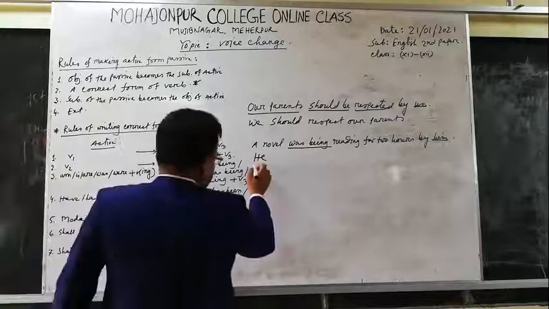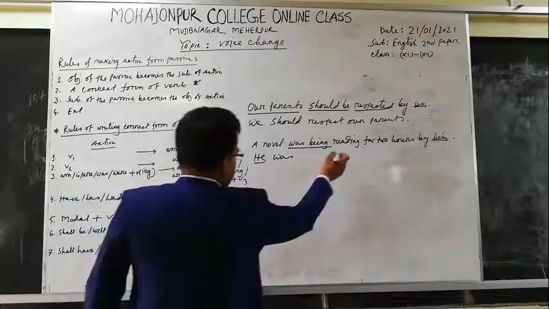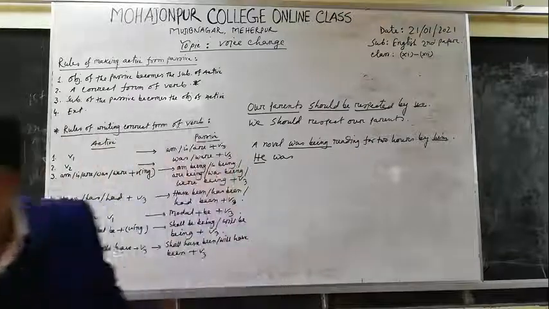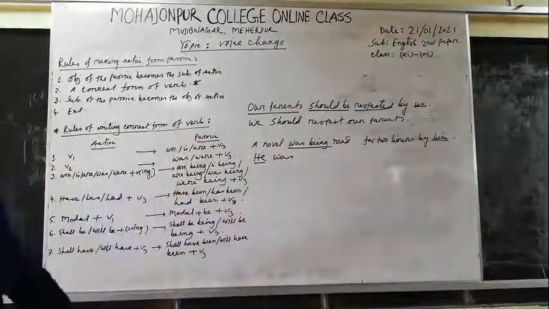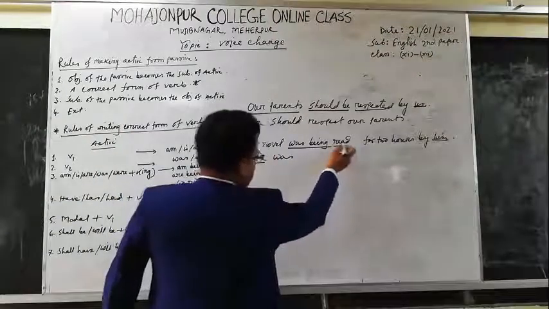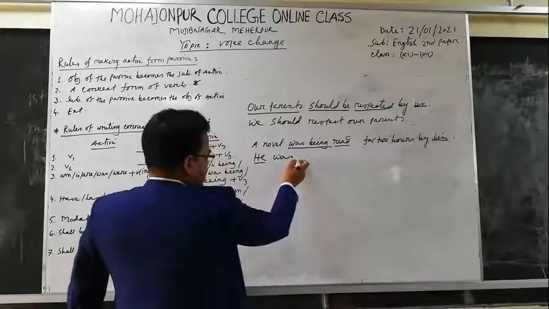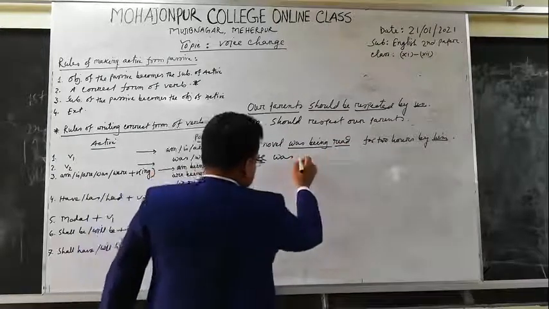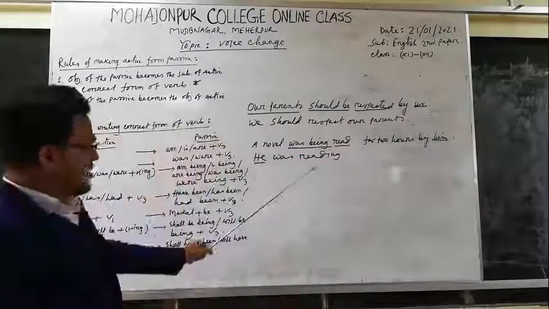So according to he, we can write was, he was, and the past participle, there is a past participle form of verb read, but it will become the ing form of verb. So we can write reading, he was reading.